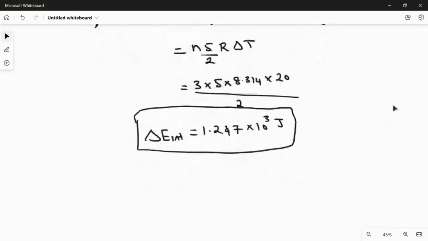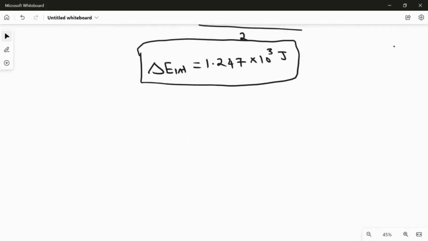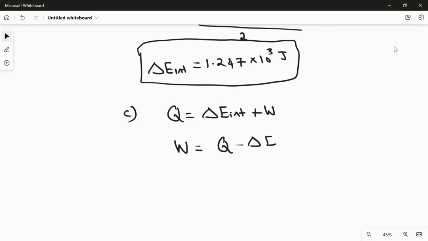So now we have to move to the third part, work done. For this, I am going to use the first law of thermodynamics, which is Q equal to the change in internal energy plus work done. We have to rearrange this equation in terms of work done. Therefore, work done is equal to Q minus the change in internal energy.